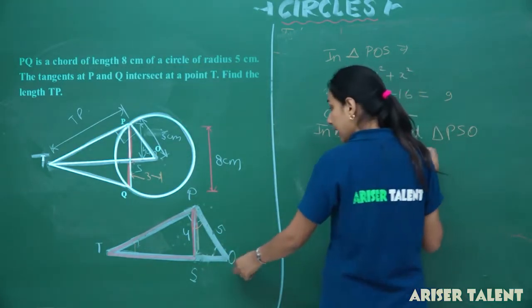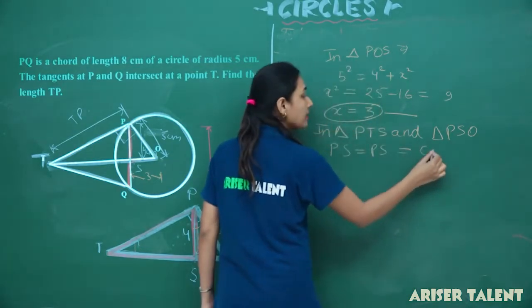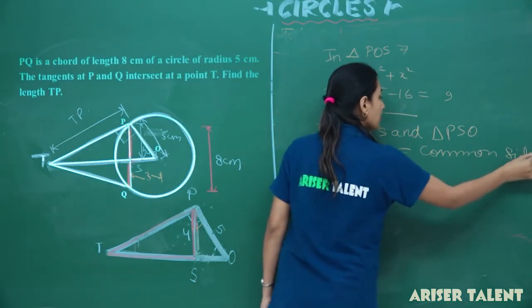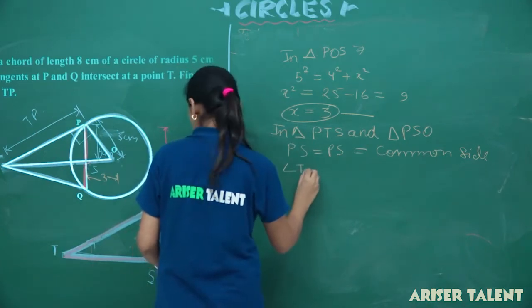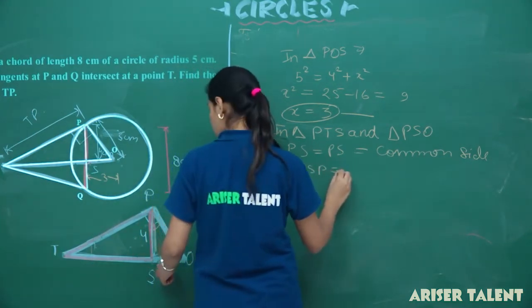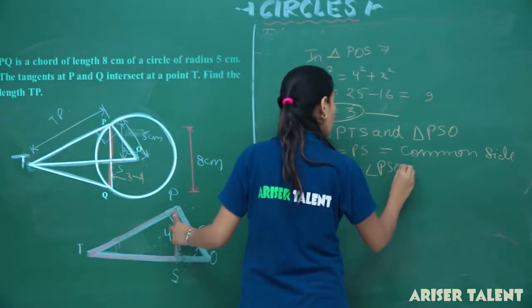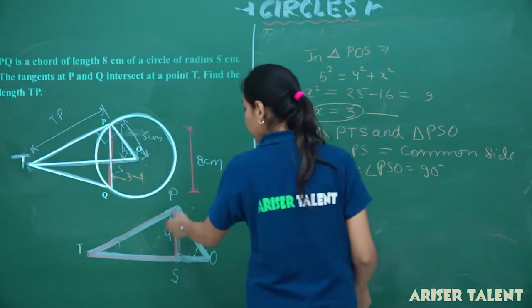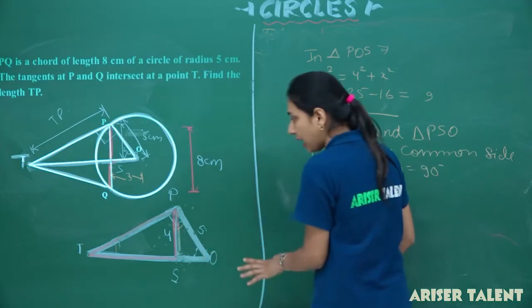We will find that this PS is common, so PS equals PS, that is the common side. This is one. Now, angle TSP equals angle PSO equals 90 degrees. This is second. Now, if we talk about this angle and this angle, these will be equal.